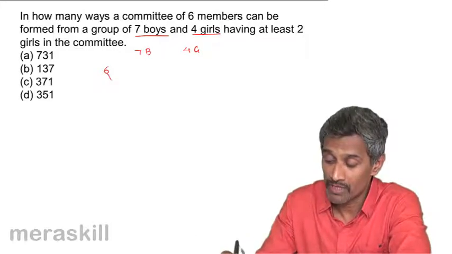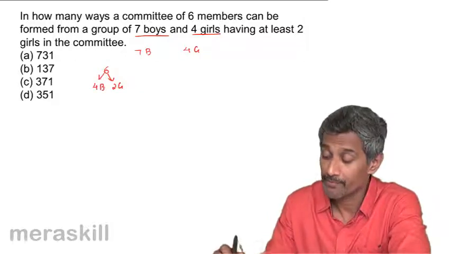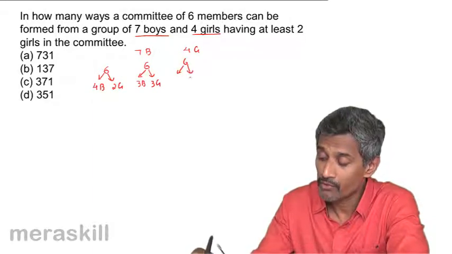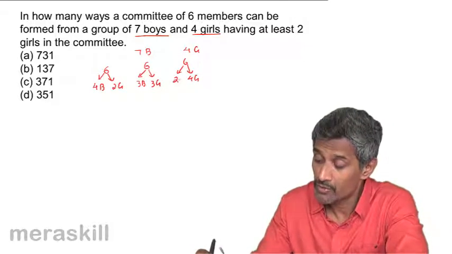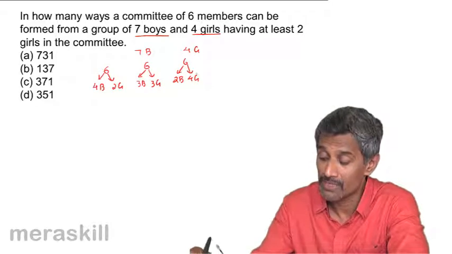So there could be 2 girls and 4 boys, or there could be 3 girls and 3 boys, or there could be all the 4 girls and only 2 boys. Beyond this is not possible because all the girls have been exhausted.